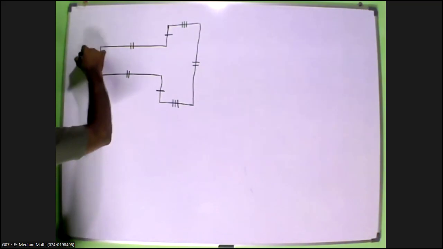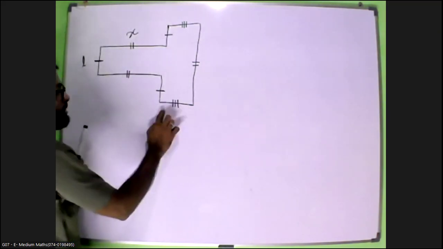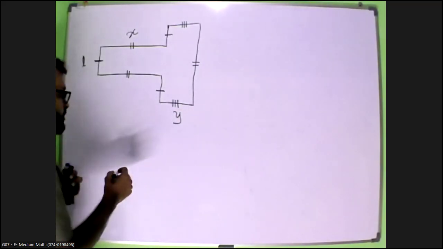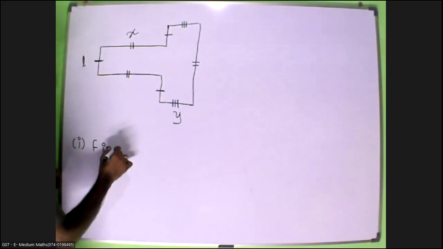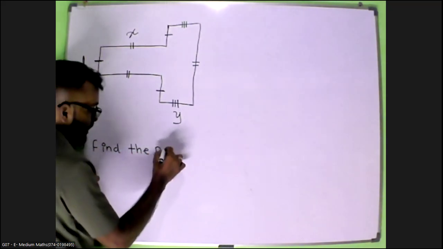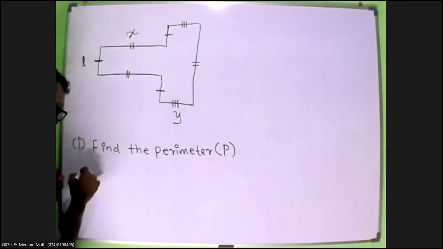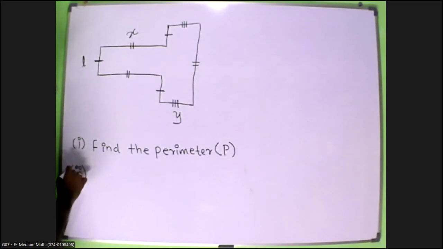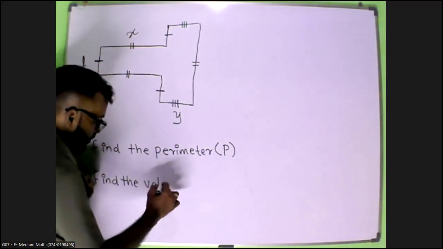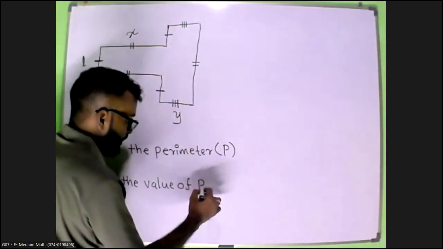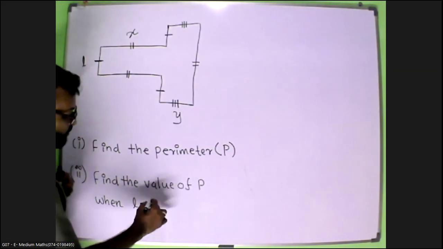This length is simple L, and this length is X, and this length I will tell is Y. So first of all, you need to find the perimeter P, and find the value of P when L equals 5 centimeters.